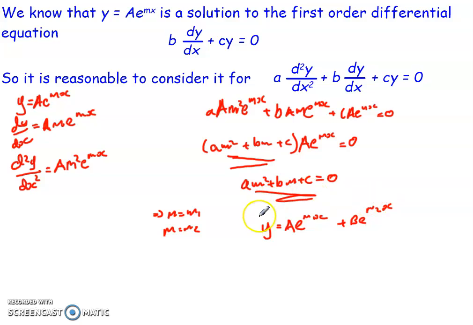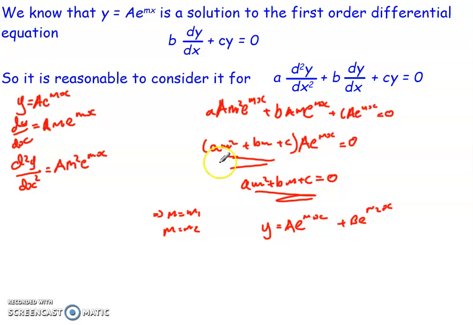So there we go, I've got two different solutions. Now a and b are used to distinguish two different arbitrary constants which could come from both solutions dependent upon which m value we've got within there.